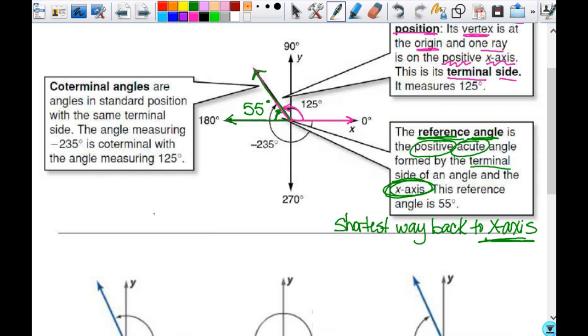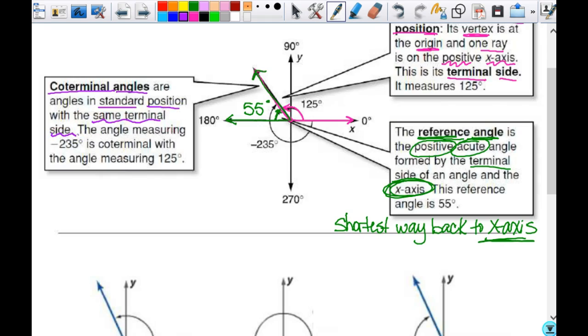So when you go counterclockwise, your angles are positive. When you go clockwise, your angles are negative. This is always starting at 0 when you are looking at them as in standard position. So we have what's called a coterminal angle. We've got a terminal side, that's where we stop. So coterminal means that it's got the same terminal side. It's again in standard position with the same terminal side.